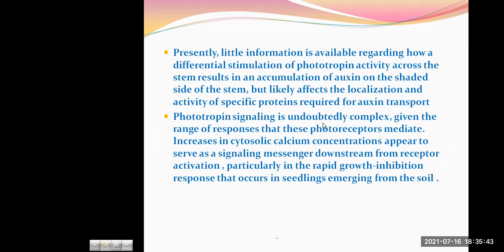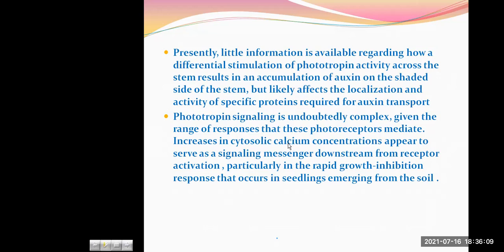is undoubtedly a very complex phenomenon, and many of the things are not yet known, and it elicits a wide range of responses in the plant. For example, it increases the cytosolic, that is, cytoplasmic, calcium concentration. Calmodulin containing calcium is a messenger of the cell, like we have messenger RNA.